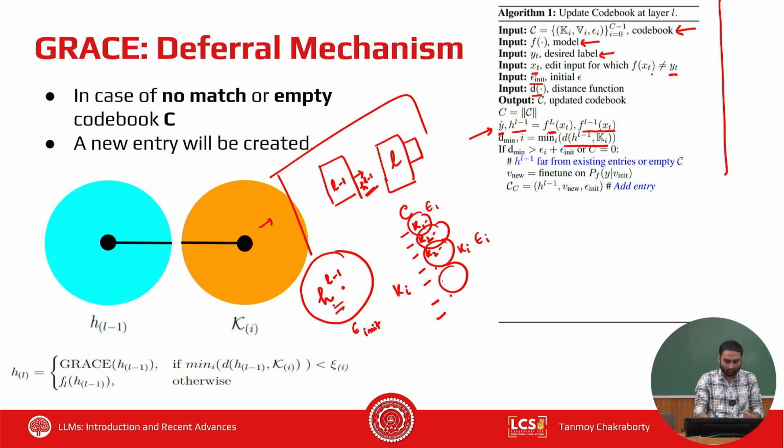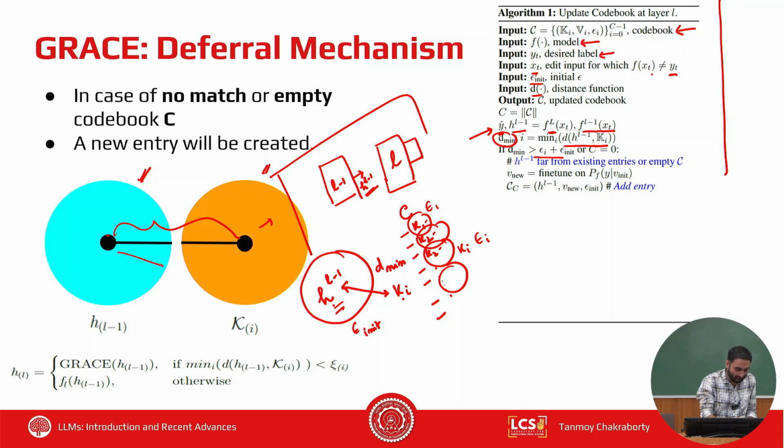Now, how do you know whether these two knowledges should be merged or what? Depending on the situation, there can be multiple if-else conditions. Look at the first if condition. What is d_min? d_min is the minimum distance between the new knowledge and the existing knowledge present. So let's say this is the new knowledge and this is the existing knowledge which is similar, and this is d_min, the distance between these two.